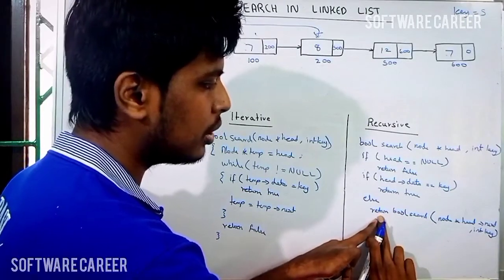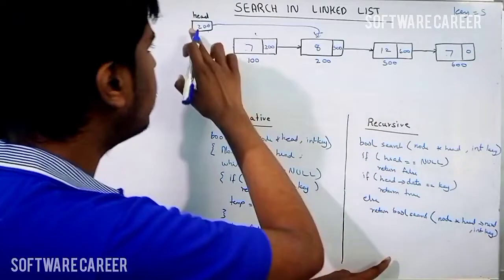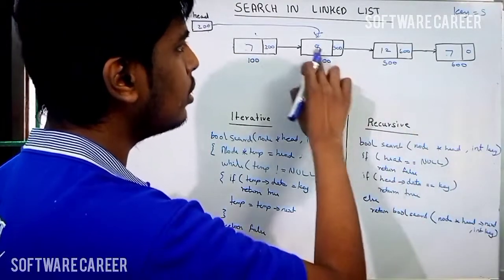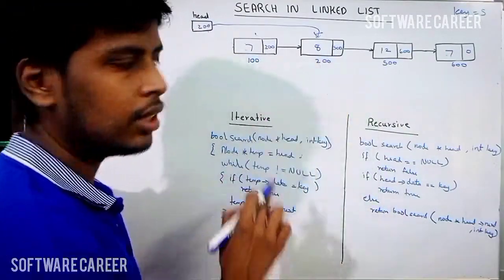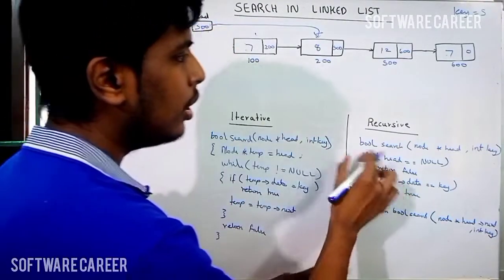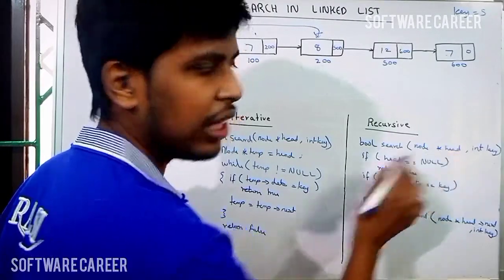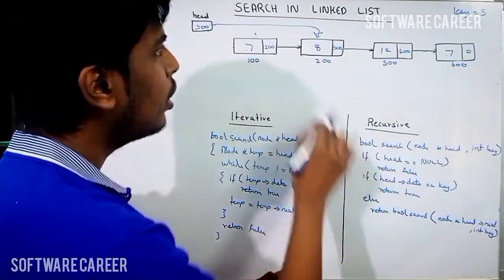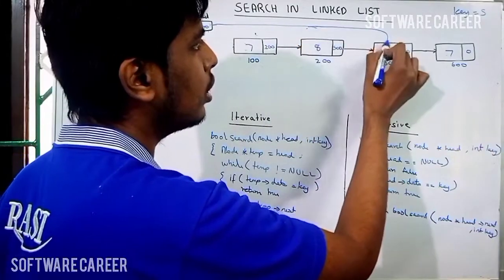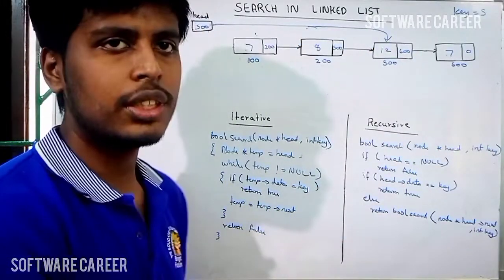Then it goes into this condition, return bool search head next. Now head is 200, and 200's next is 500. So this 500 it will change. It will go back to the same search function, and here head will be 500. So this is how you will write the code for the recursive function.